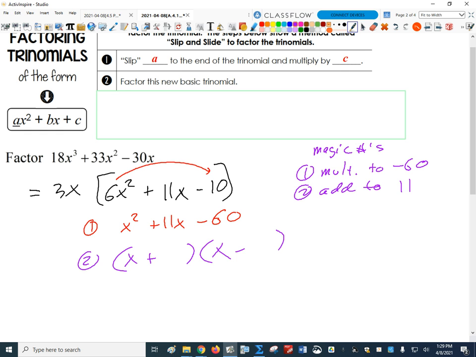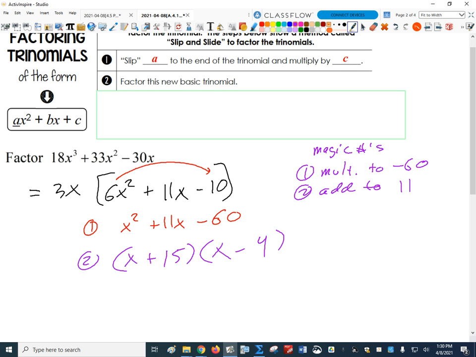I have to think about that one a little bit. What do you think? Okay, there we go. Good. Positive 15 and negative 4. Okay. Next step.